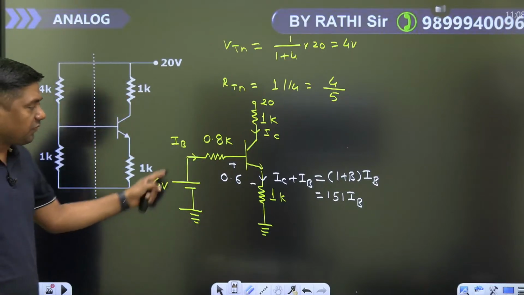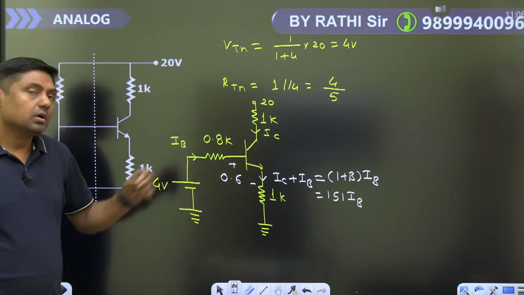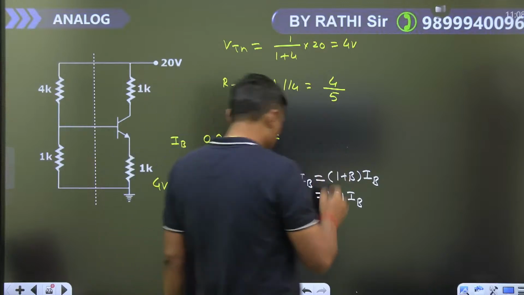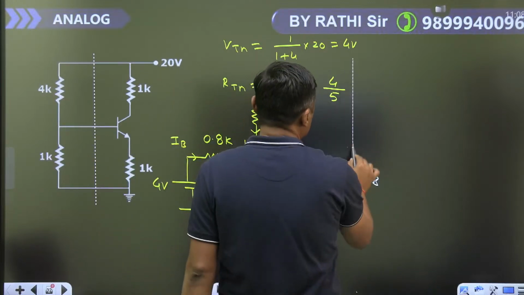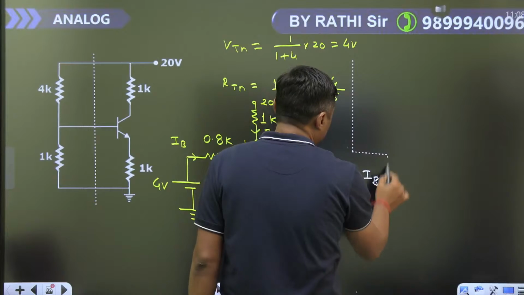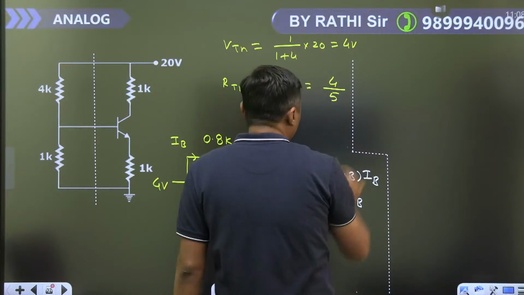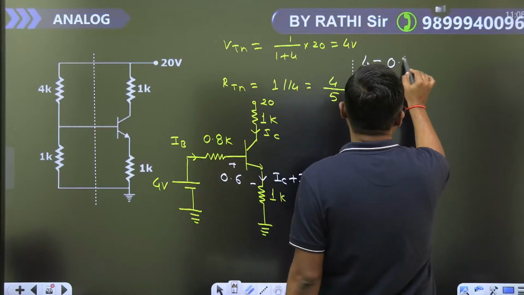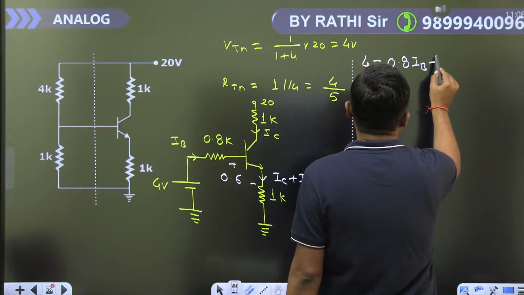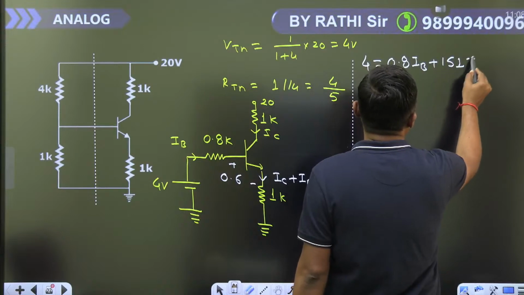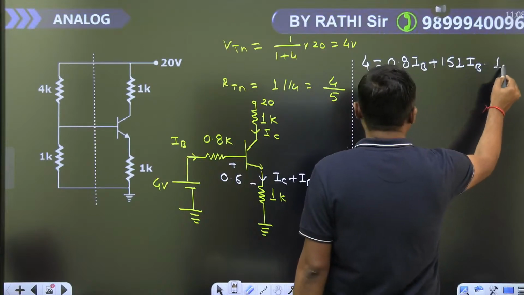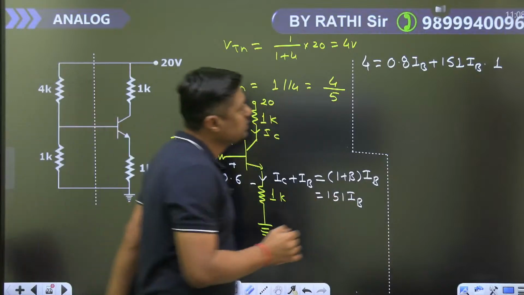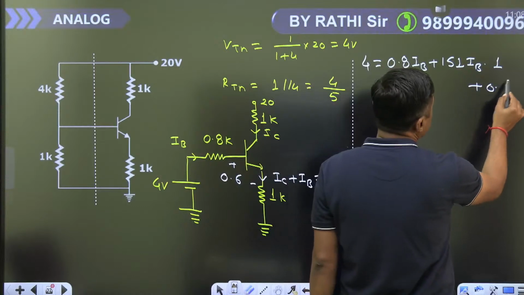Now write down the KVL from this point to this point and find the IB. 4, this is the VBB, is equal to 0.8 times IB plus 151 times IB into 1 kilo ohm plus 0.6 volt, that is the value of VB.